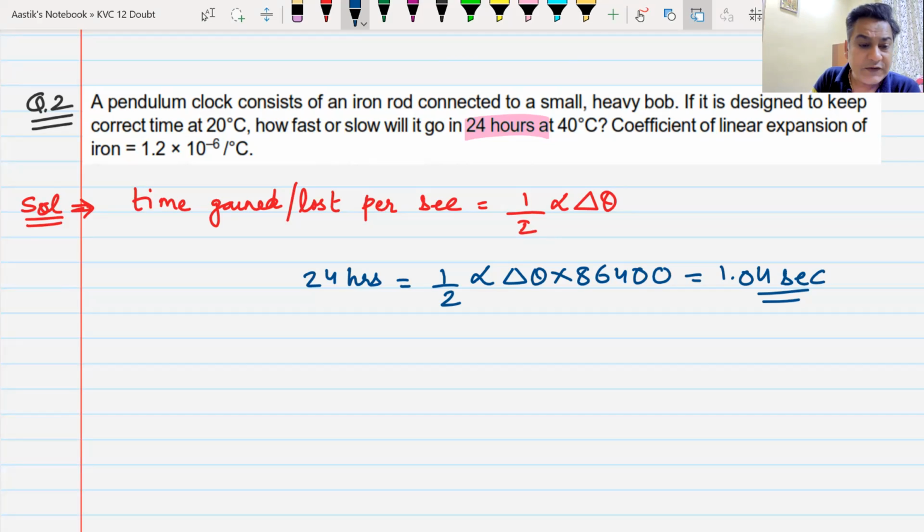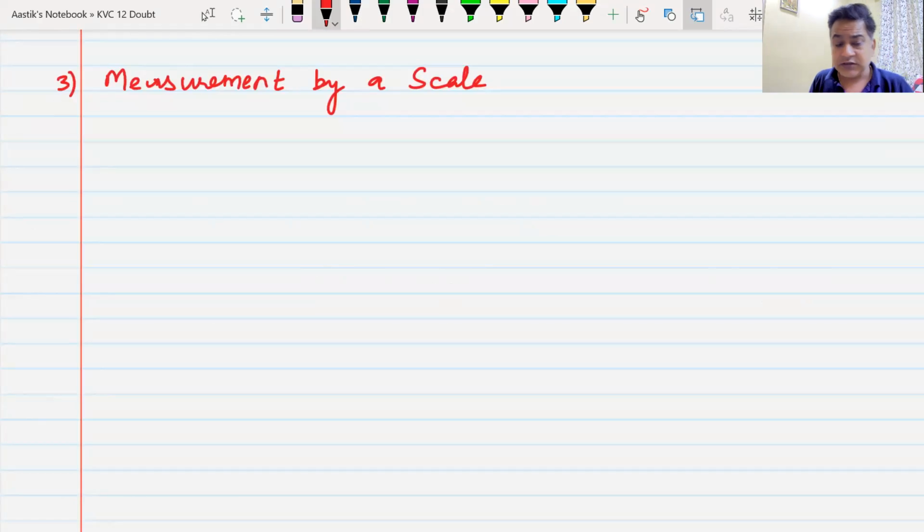Now, if you are measuring a solid body, let us say if you are measuring the length of this pen, assuming it to be one-dimensional, by a rule or a scale. Now, this rule or scale sometimes is made up of metal. Now, what happens? The scale is graduated at a particular temperature. At that particular temperature, it will give you the correct value.